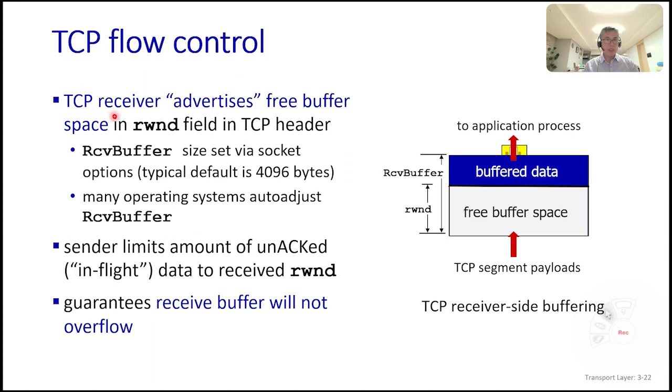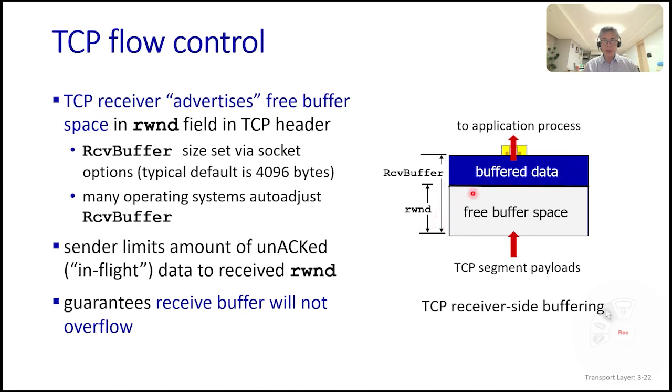In the TCP case, the header indicates the receive window size field, RWND, and advertises the free buffer space. This figure shows that the whole buffer is the receiver buffer, and the RWND part is free, available for the next TCP segment.